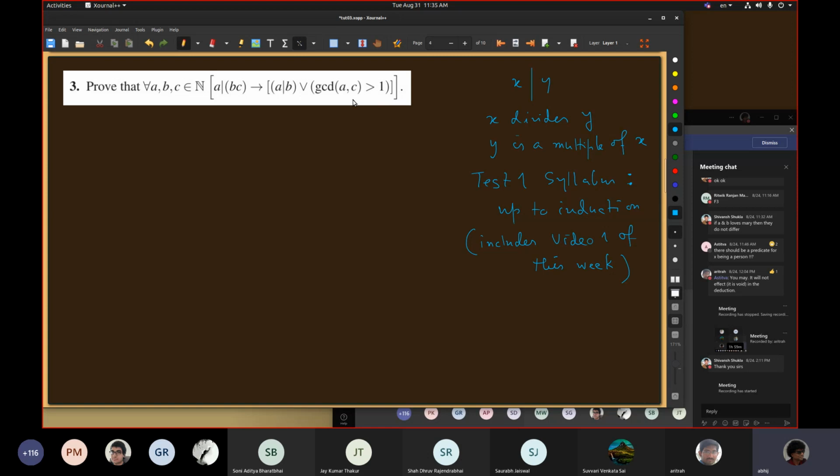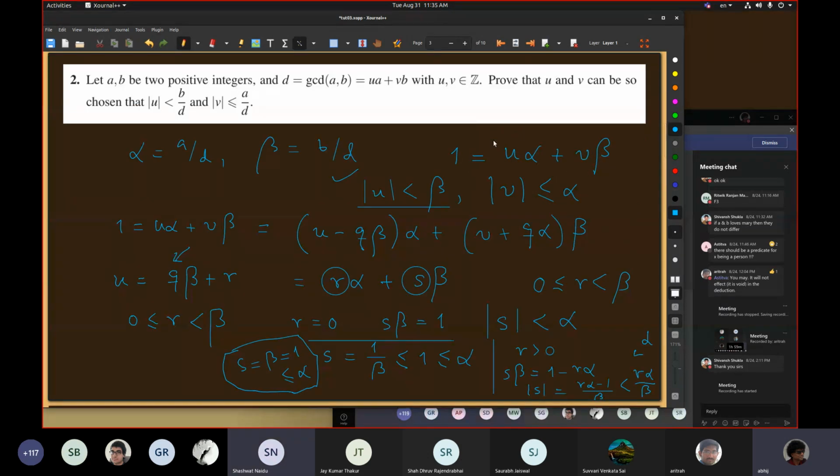Okay, so let us now come back to this. Sir, I had a small doubt in the previous question. In this we are considering there exist integers u, v such that u alpha plus v beta equals 1, and then we manipulate them to find new integers r, s which satisfy the conditions given in the question. Exactly. But then we need to prove first that there exist integers u, v such that this holds.